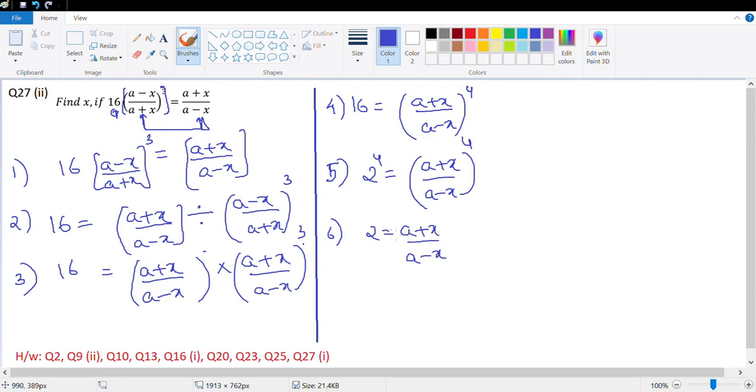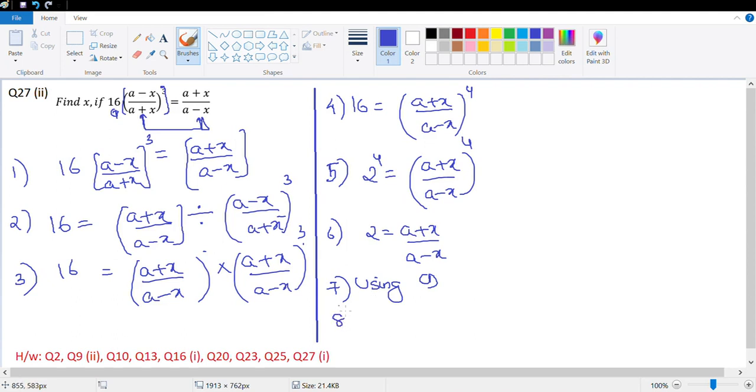Next, we could cross multiply, or we could do componendo and dividendo. So let's do componendo and dividendo. We can also cross multiply. After you've done this step, you could use componendo and dividendo because the question clearly doesn't say which method to use.